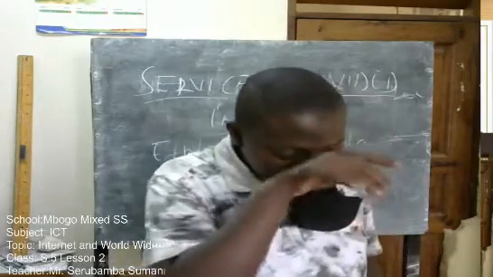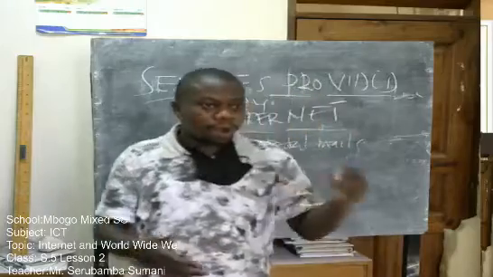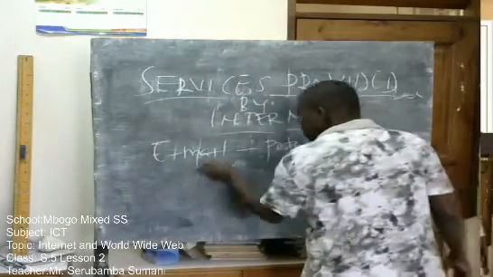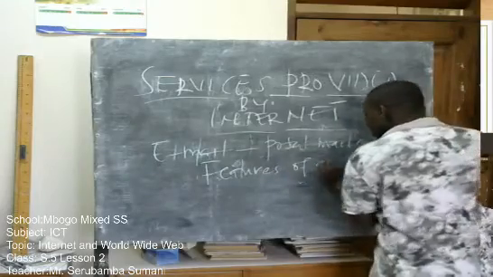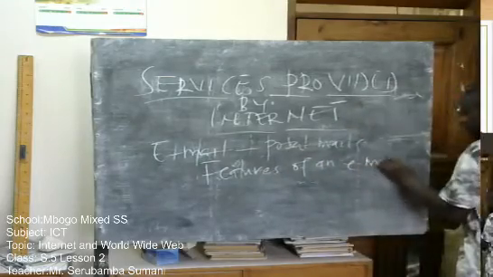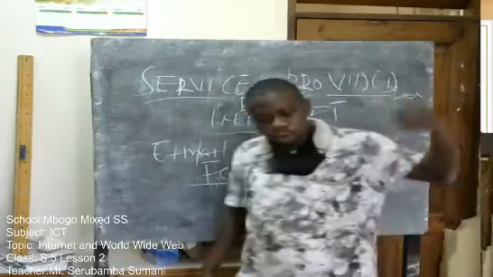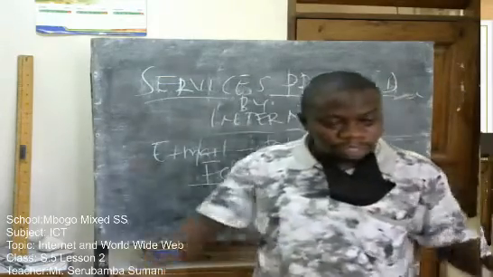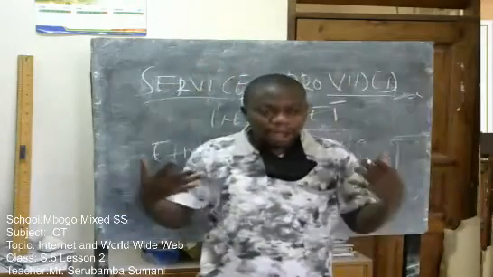Today I want us to continue with that discussion. We talk about the features of an email. We want to know more about the components found inside an email account.